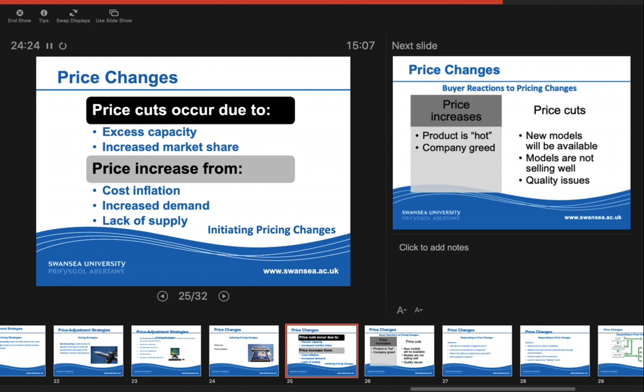We might increase the price because of inflation, so macroeconomic factors, and also microeconomic factors such as increased demand and lack of supply. So there's a number of external reasons why your pricing might change as well.